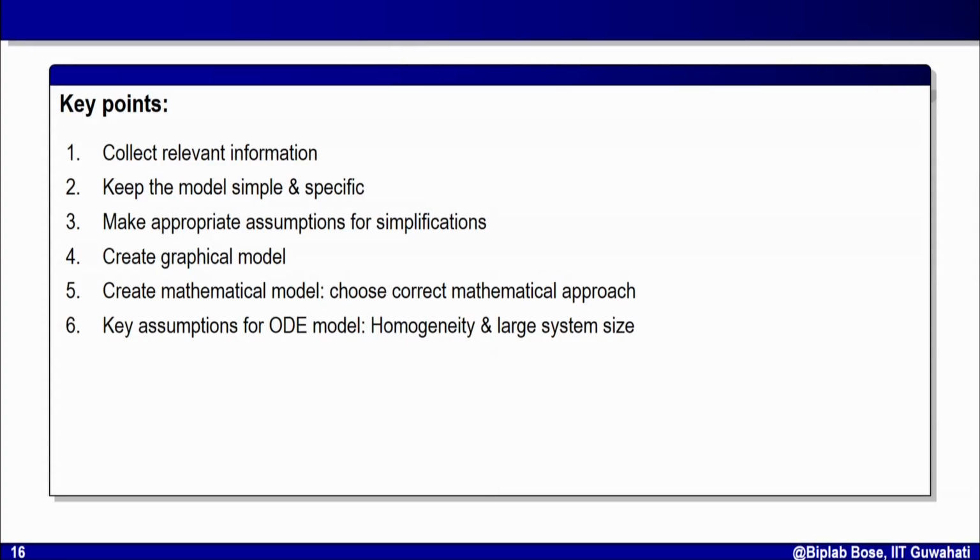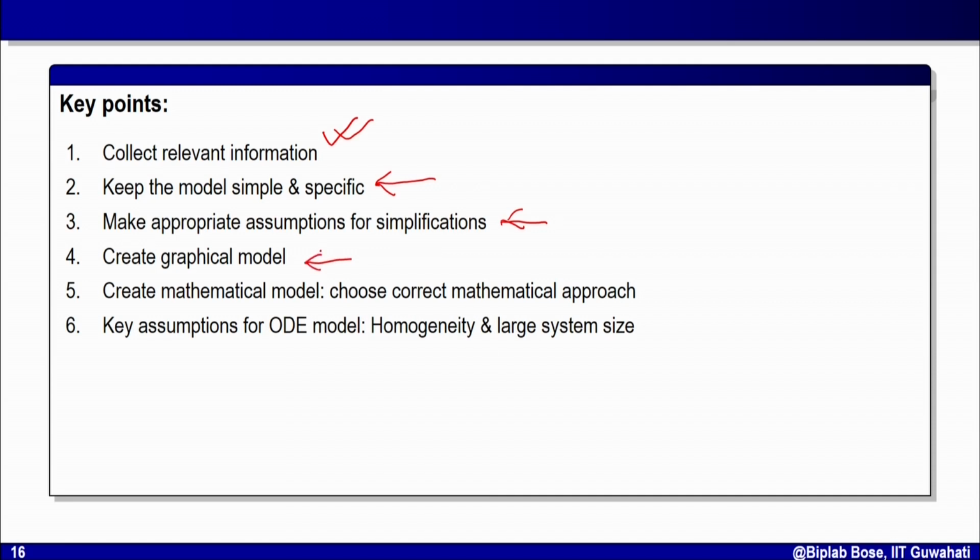So let us jot down what we have learned in this module. If you have to create a mathematical model, first collect all relevant information. That is critical. Once you have collected all information, try to simplify. Keep the bare minimum essential things. Then make some assumptions. And once you have made the assumptions to simplify the model, create a graphical model.